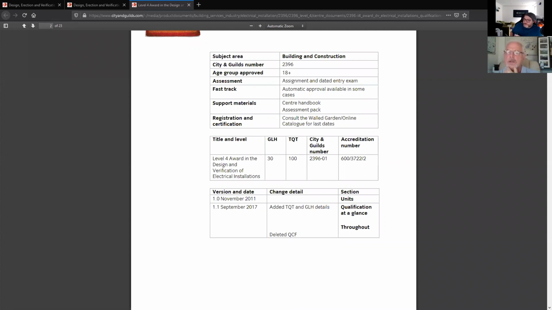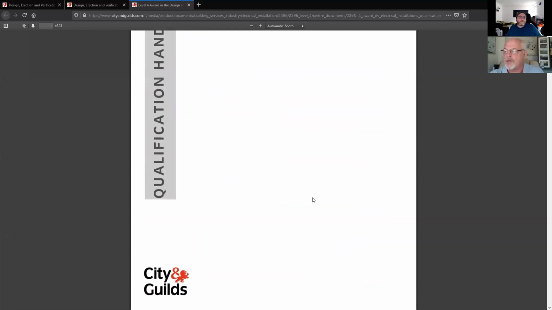2391-52, yeah. This was always a classic thing with the 2391: when you look at the actual syllabus of the 2394 and the 2395, City and Guilds was hinting that you weren't coming on those courses to learn how to inspect and test. You should know how to do that before you got there. And that's what the 2392 was for, the foundation inspection and testing course.